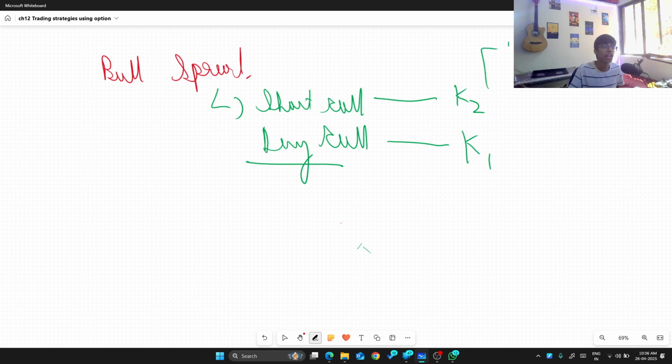K1 is the lower strike, which means it is more expensive, and K2 is bigger than K1, so it has a lower price, so it will be cheaper.